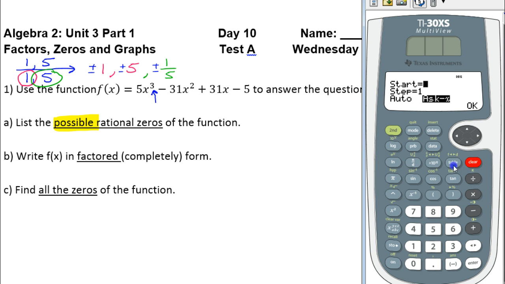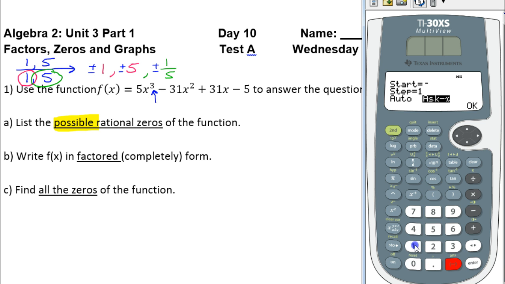Okay, the way you use the calculator is you go to your table feature and you type it in. So we have 5x to the third power, whoops, that was a fail. Okay, 5x to the third power minus 31x squared plus 31x minus 5.